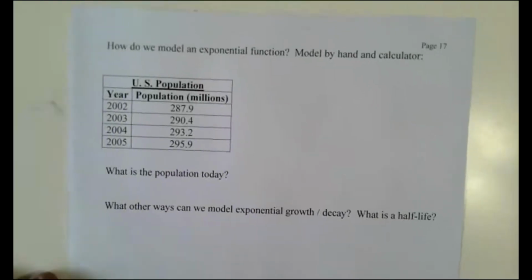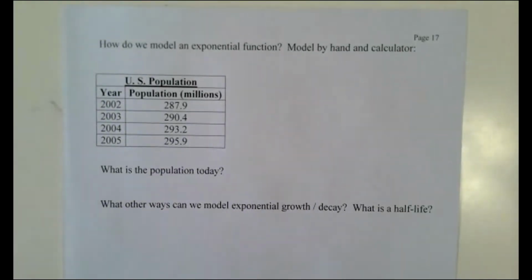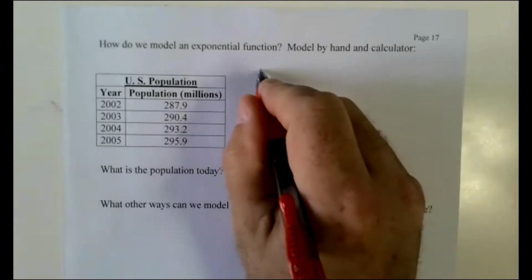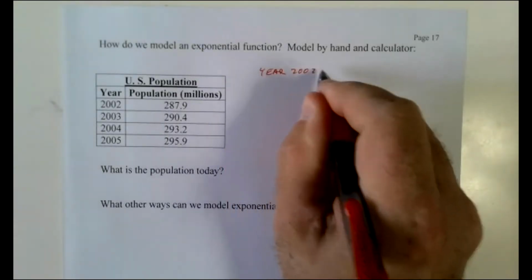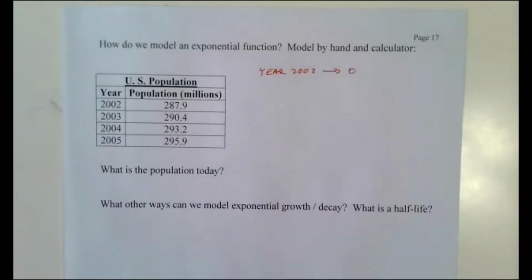All right, how do we model an exponential function? Sure as heck don't do it by hand. That would make me insane. Well, we can do it this way. We can say things like, let's make, and you have to say this somewhere in the problem, year 2002 is our 0 year.